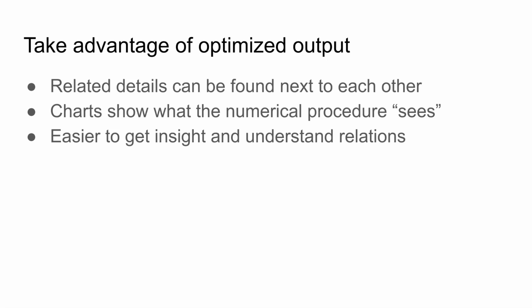It's a simple trick, but it makes it more intuitive to see the chart that the numerical calculation sees. Okay, and we have quite a few features like that in CogStat.